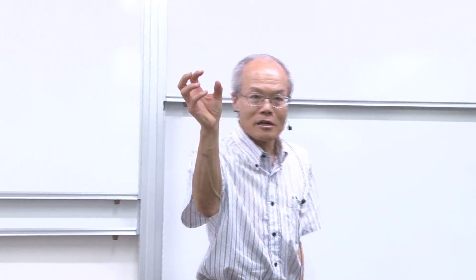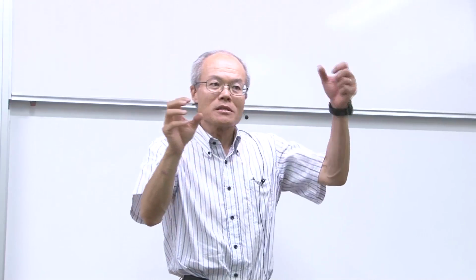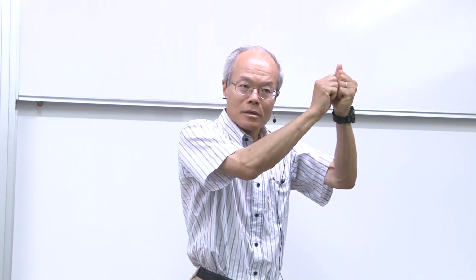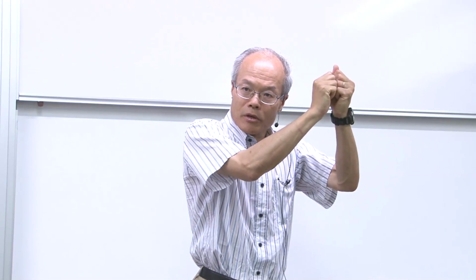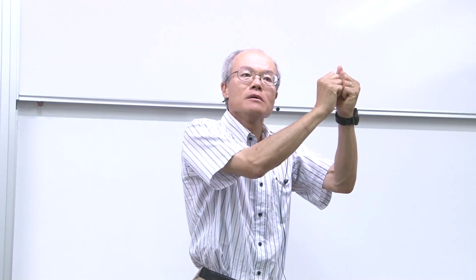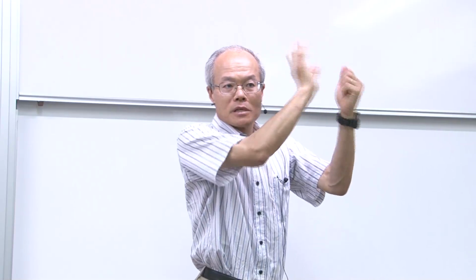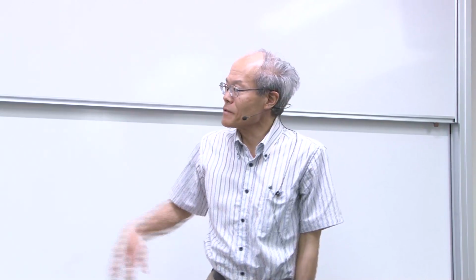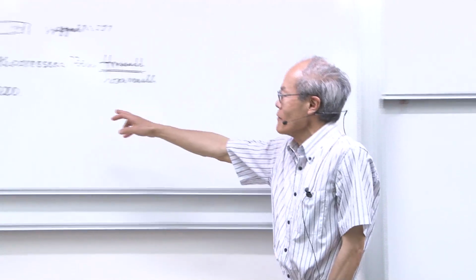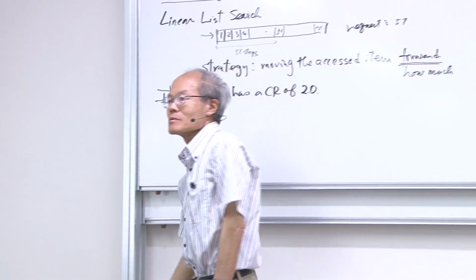It is not very intuitive. If you move the accessed item to the top, then of course it's good if you get another request for this item, but it may be possible that you'll never get a request for that item once again. So it's not very obvious why this algorithm is good.